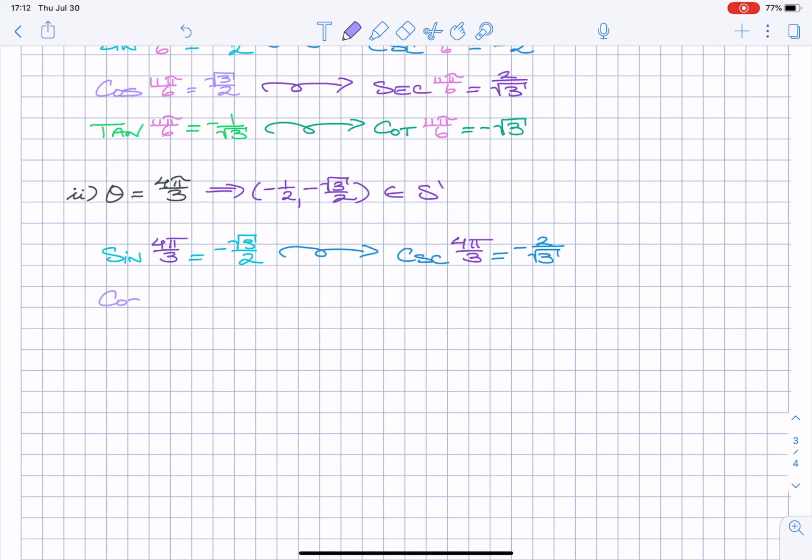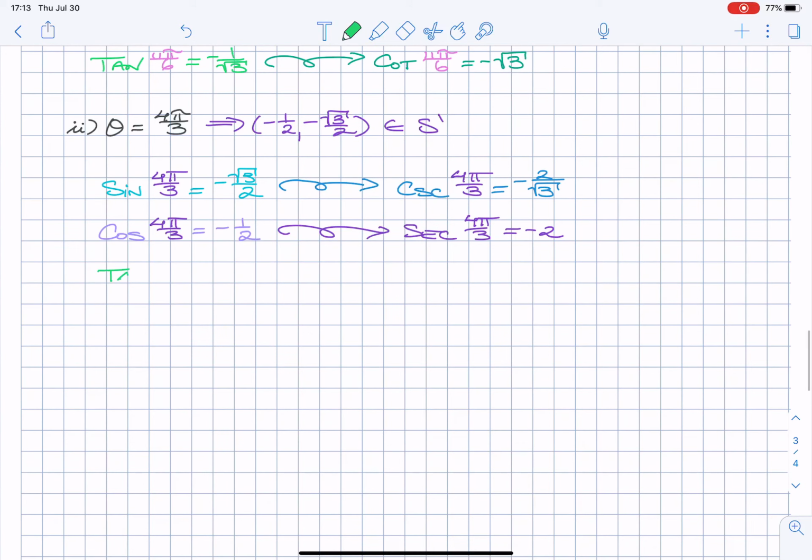So now cosine of 240 degrees, or 4 times 60 degrees radians, is going to be the x-coordinate, which is negative 1/2. So that means that the reciprocal function secant of 4 pi over 3 is just going to be negative 2.